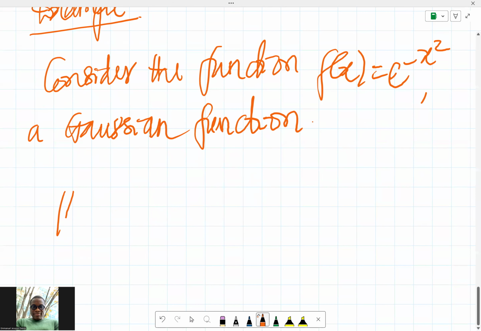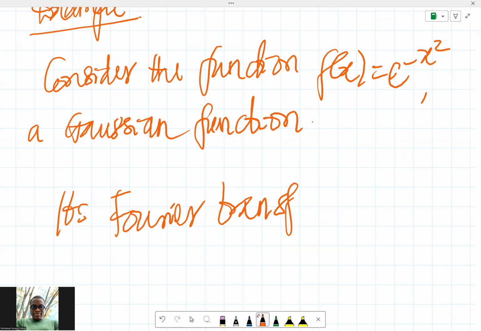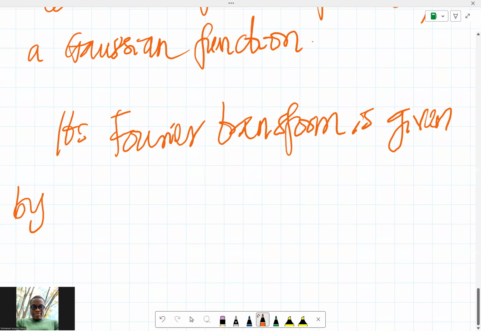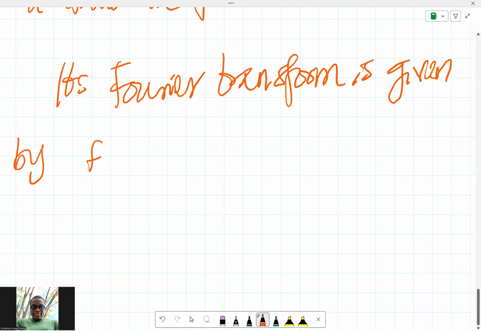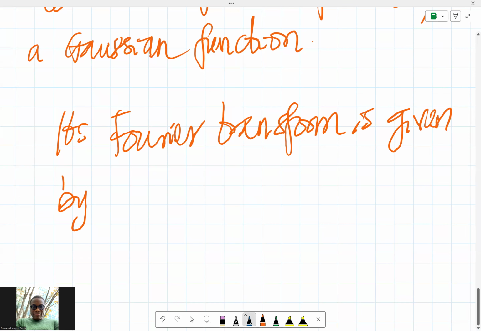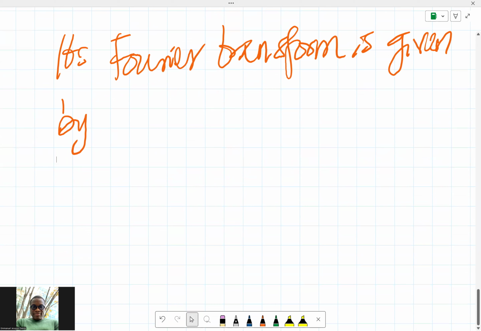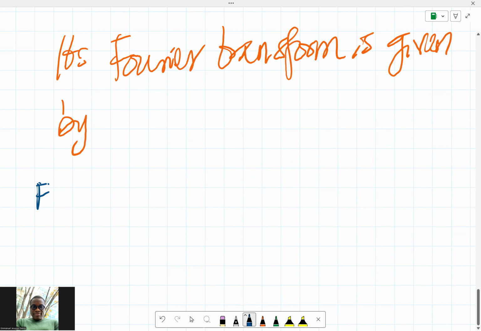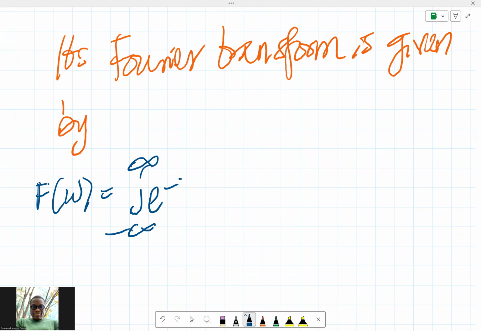Its Fourier transform is given by f of omega equals the integral from minus infinity to infinity of e raised to the power minus x squared e raised to the power minus i omega x dx.